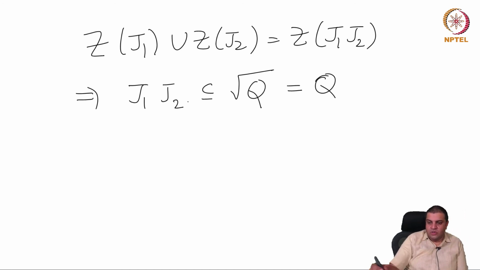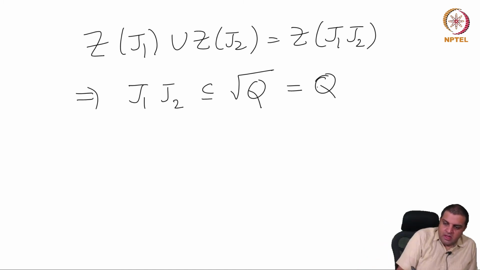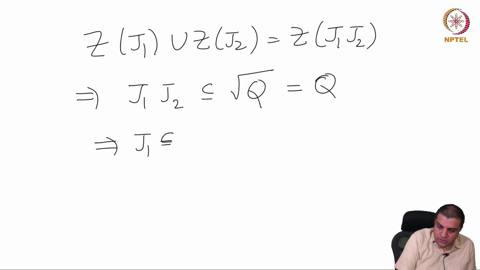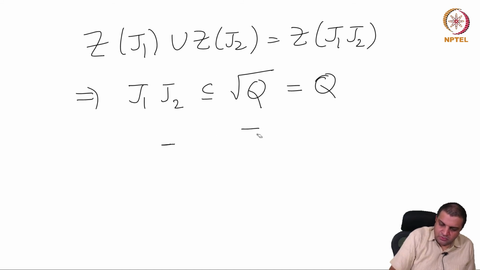The only way this is going to be the whole space is that this ideal is nilpotent, or in other words, thinking of it in terms of R, it's the radical of Q, which is 0. But this would imply that J1 is inside Q, or maybe one should just try to prove that.